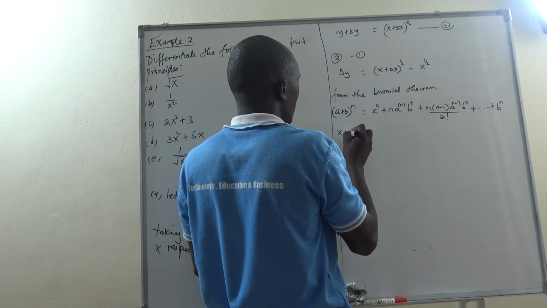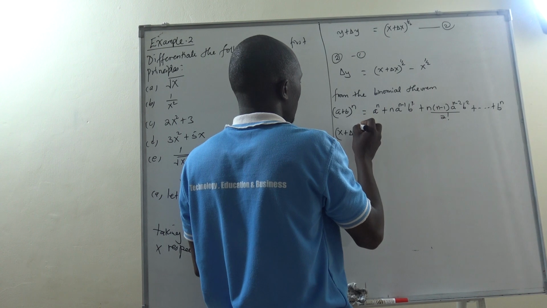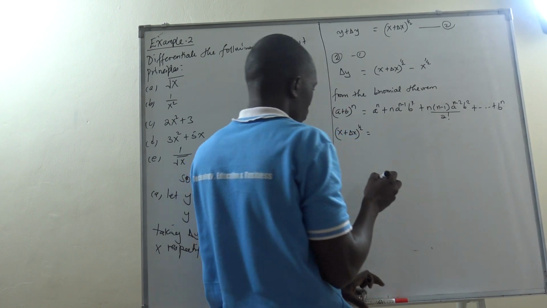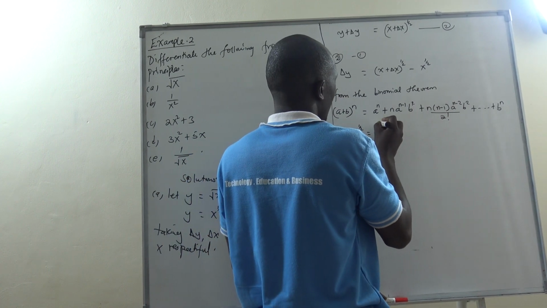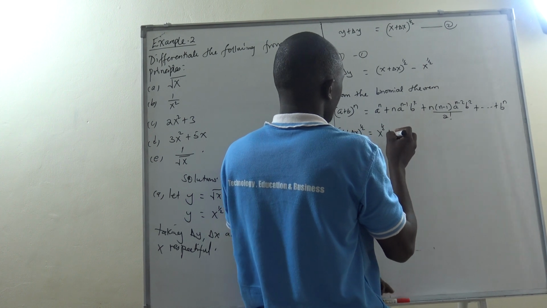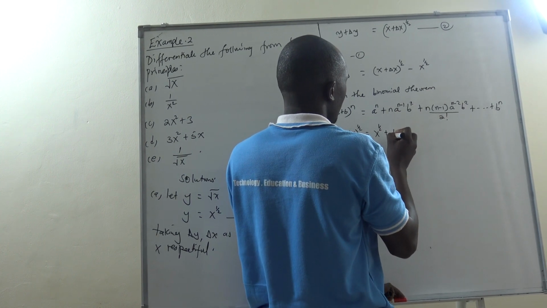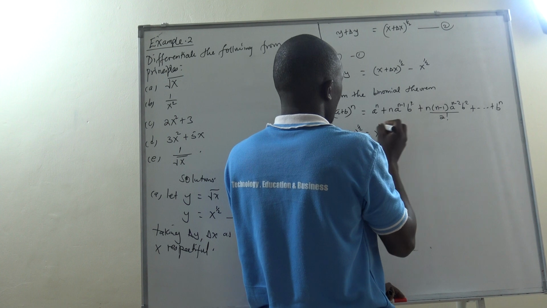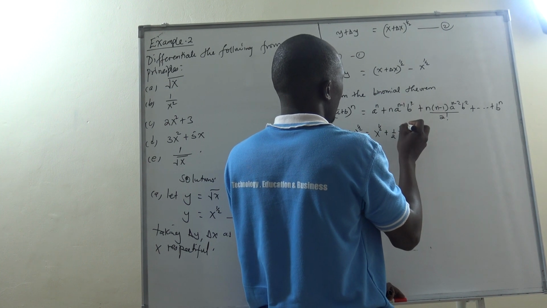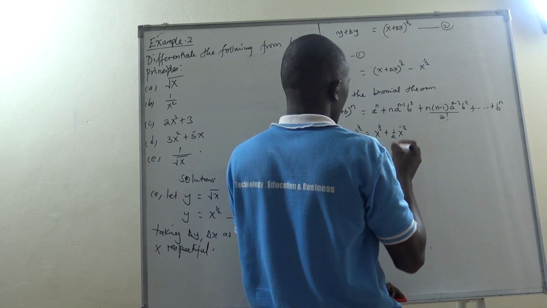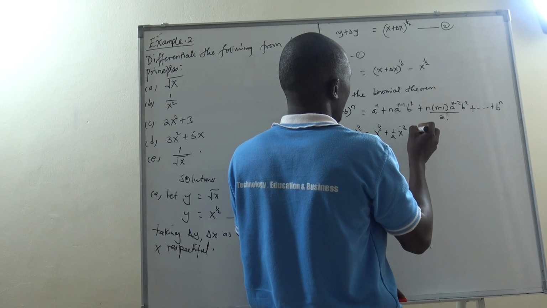So after understanding that, we come out with the same when we are expanding x plus delta x power a half, which is x power half plus n, which is already a half, x power half minus 1, you get negative a half. What is our b? It is already delta x.